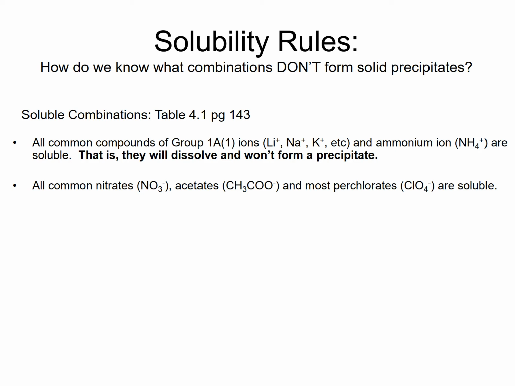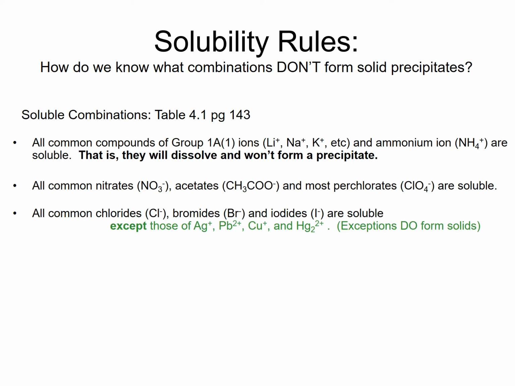Nitrates and acetates, we mentioned acetates earlier, and perchlorates. Well, most perchlorates are soluble, so they would dissolve. Chlorides, bromides, and iodides are all soluble. But here's where we get into some exceptions. Usually, when hooked up with a chloride, a bromide, or an iodide, you are going to have something that dissolves in water, unless it's a silver hooked up with one of these three, a lead, a copper, or a mercurous.